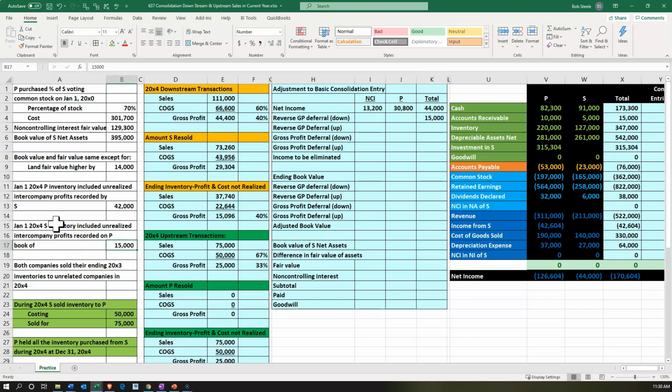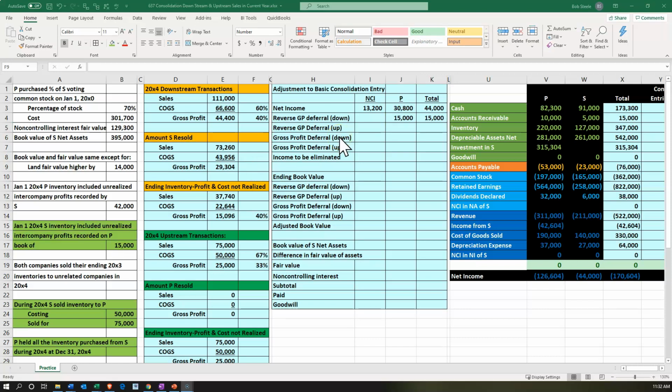So in other words, we're talking about S's inventory as of the beginning of the year. So that means the sale must have happened in the prior year from P to S, from parent to subsidiary, or down. So we're going to label it as a down transaction, reverse gross profit down. When it is that case, we're just going to put the entire amount in the P column.